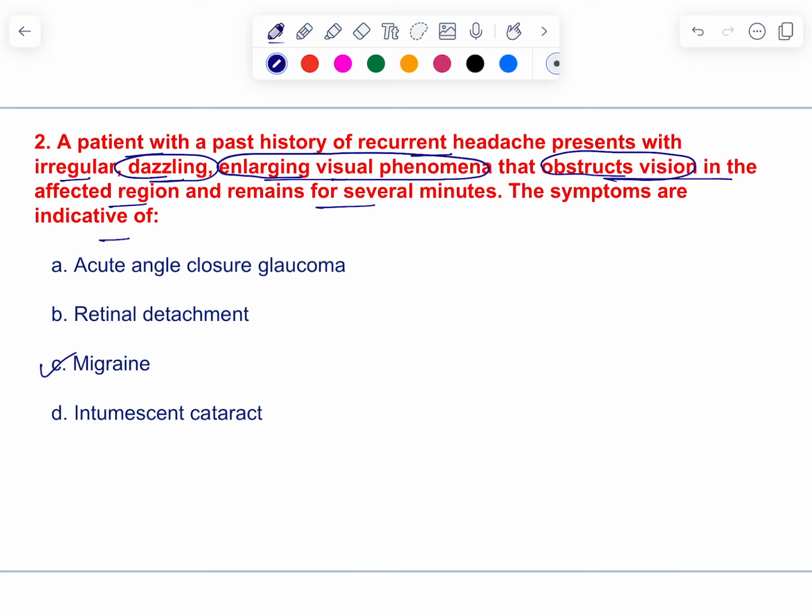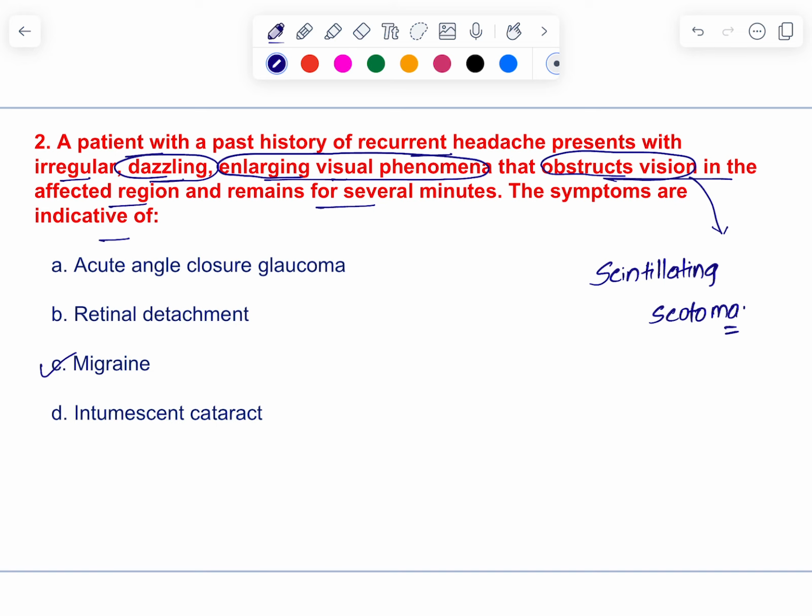It is scotoma, right? Whatever the aura which has been described here, it occurs in cases of the scintillating scotoma.